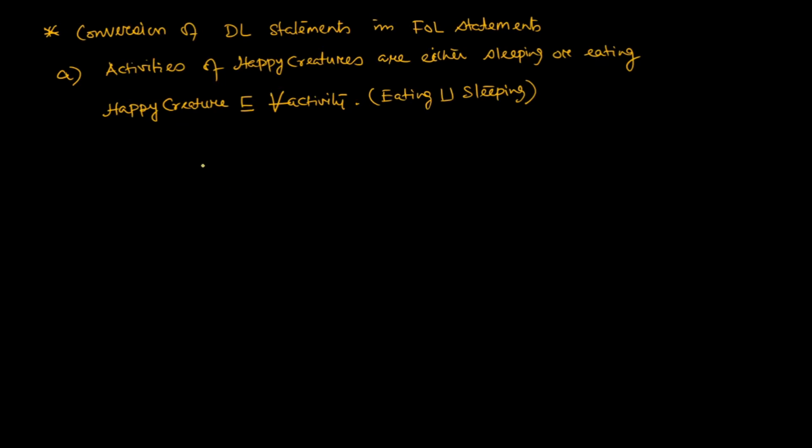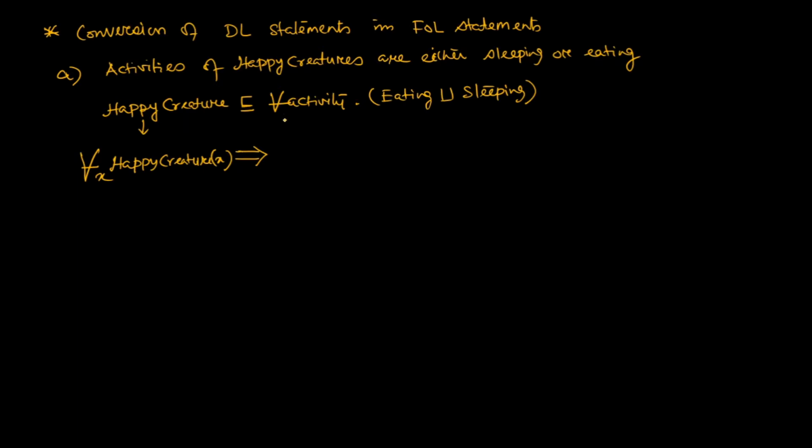So as we have a subclass relationship, this will be modeled with implication, forward implication, and something that is a member of happy creature. So this class will be converted into one unary predicate in the transformation, right? Creature X, and we want this to hold for every X, right?